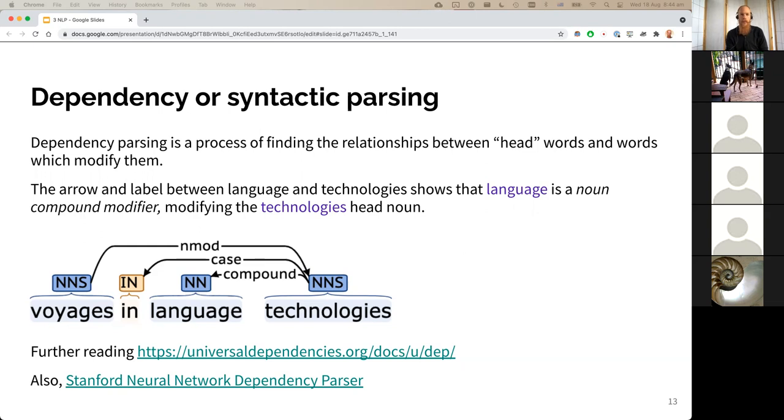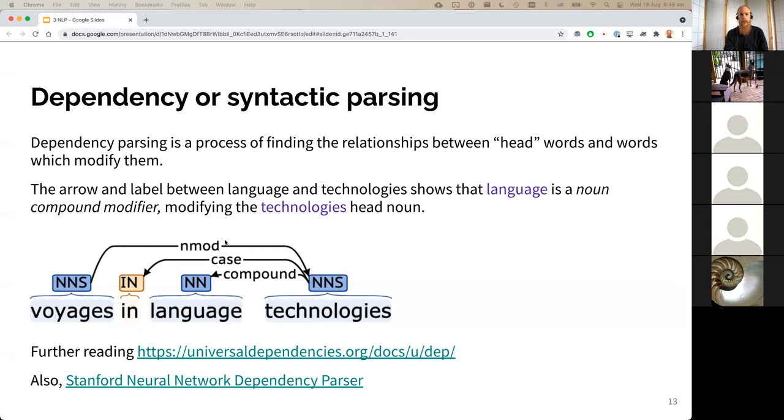So we have some nouns in there, and so plural nouns, NNS, NN is the noun, and then the labels that are on the arrow line are labels about the modification method. So nmod is a noun phrase that functions, or a noun that functions as a modifier.